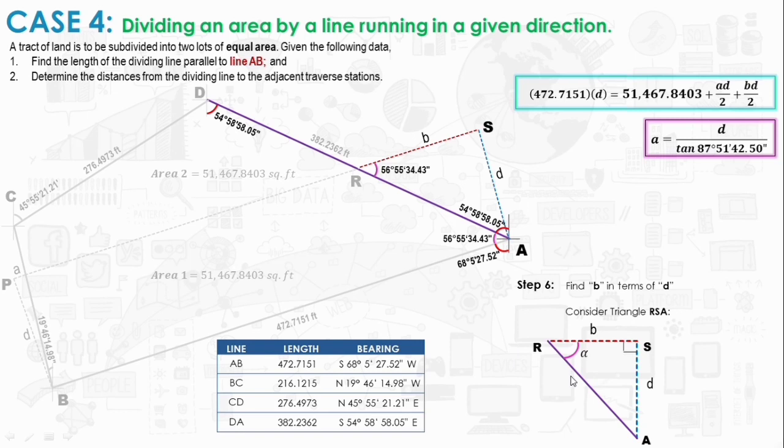So, since meron na tayong angle ni alpha, makukuha na natin yung value ni B in terms of D. Diba? Since may right triangle tayo dito, pwede ulit natin gamitin yung tangent function.